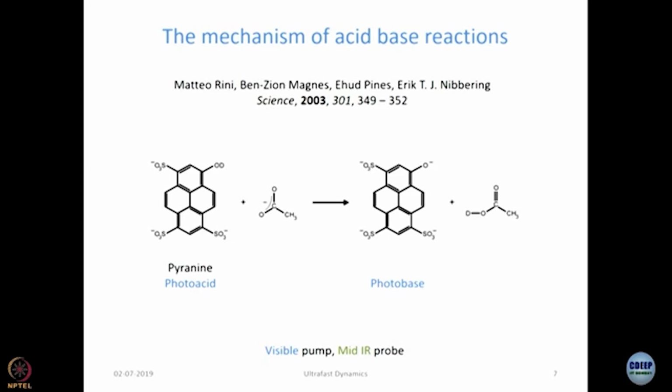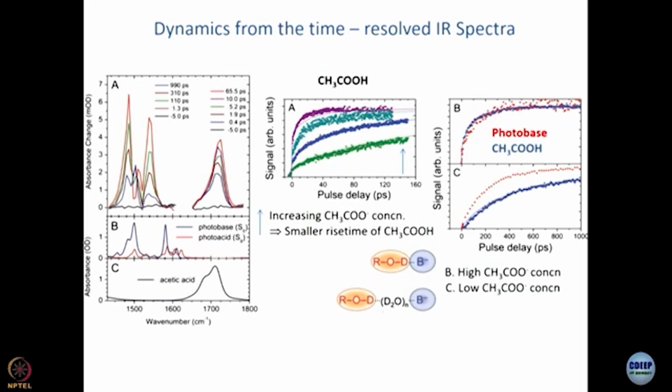When you excite it, a proton comes out, and the base that was used is acetate. Using a UV pump, a proton was liberated from pyranine, and using an IR probe, and I think we all know what IR spectroscopy is used for, it identifies functional groups in a molecule.